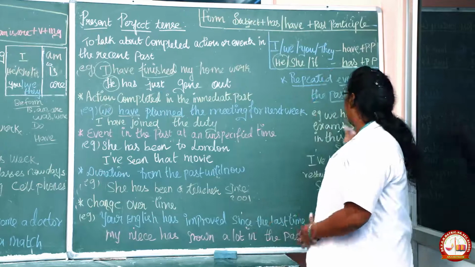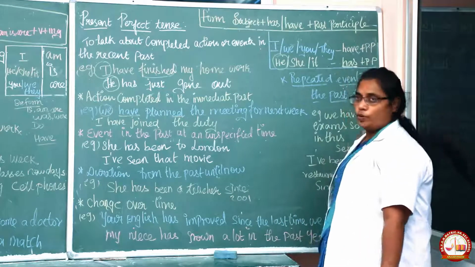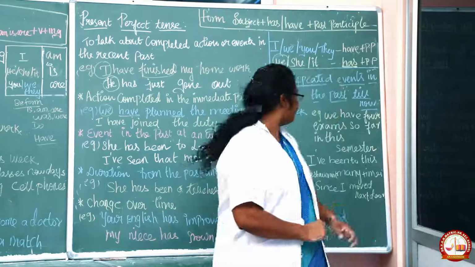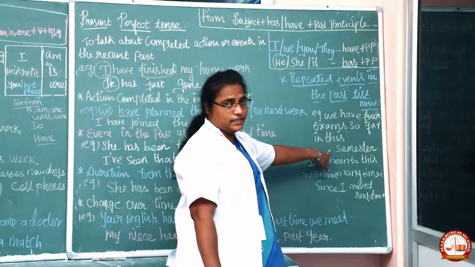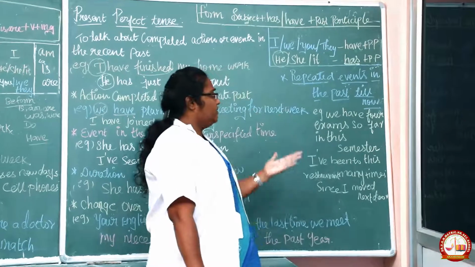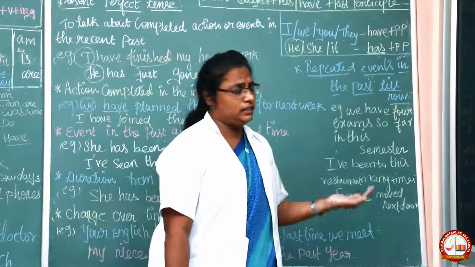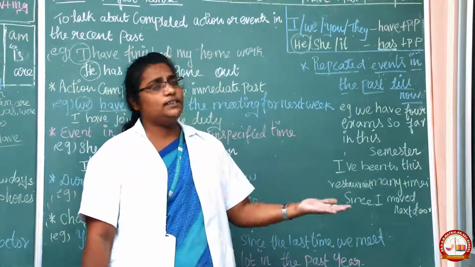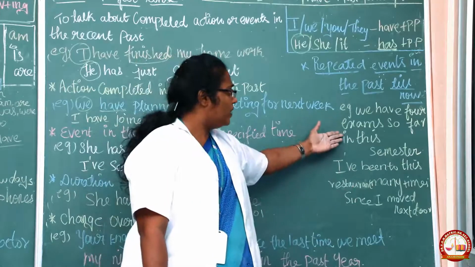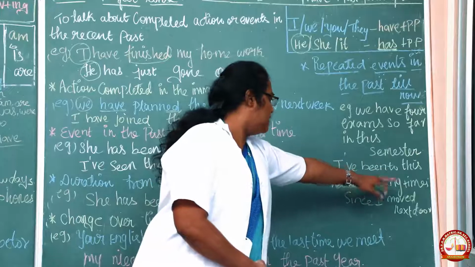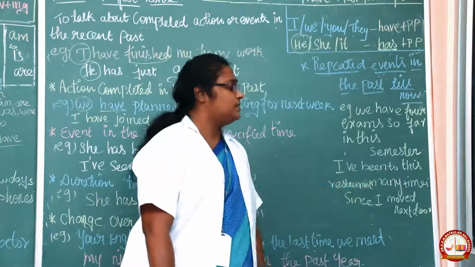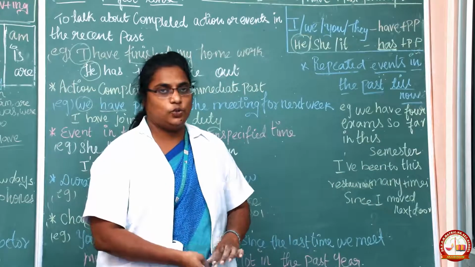The example for that is "We have had 4 exams so far in this semester." The event is there now also, from the past till now. "I have been to this restaurant many times since I moved next door."